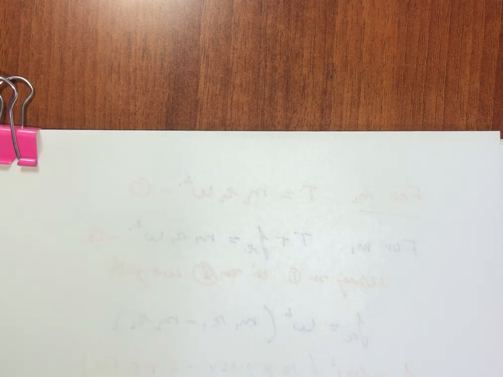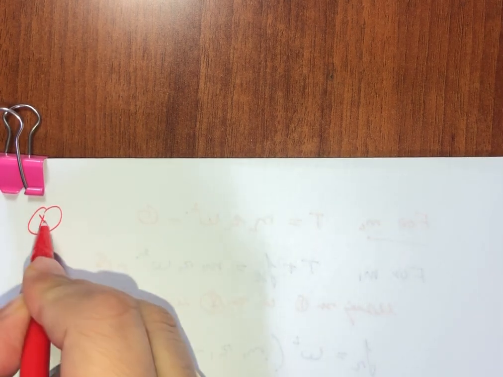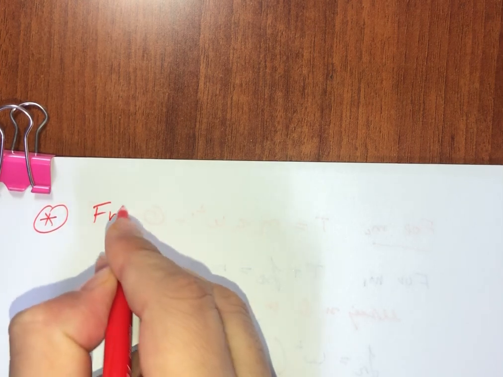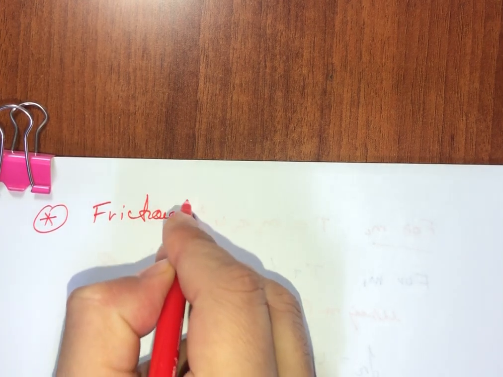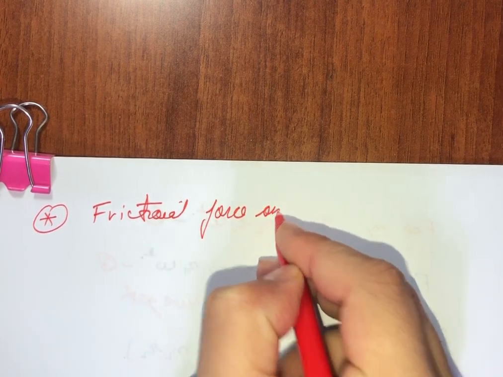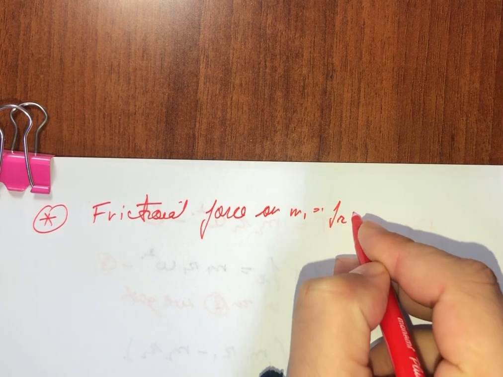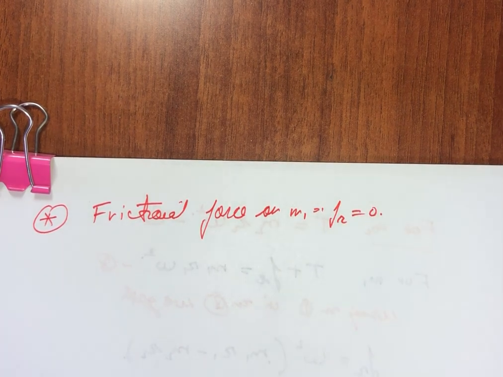Therefore, in the third part, there should be no frictional force on m1, that is Fr should be equal to 0.